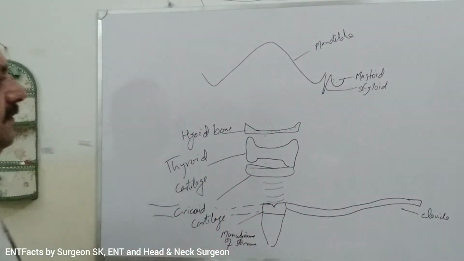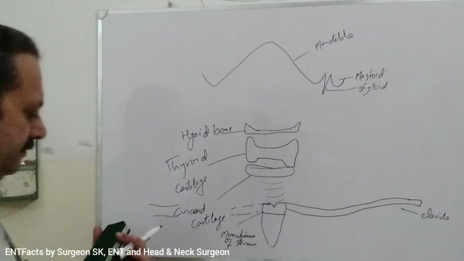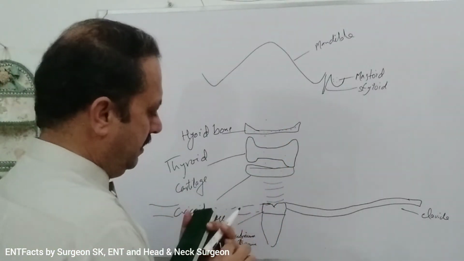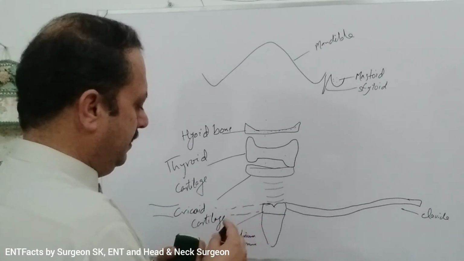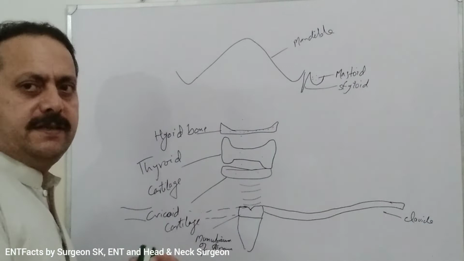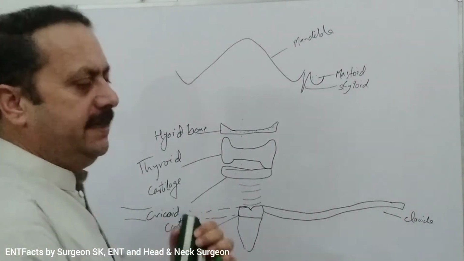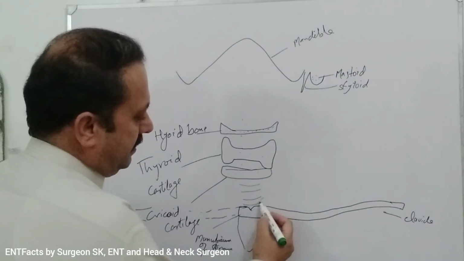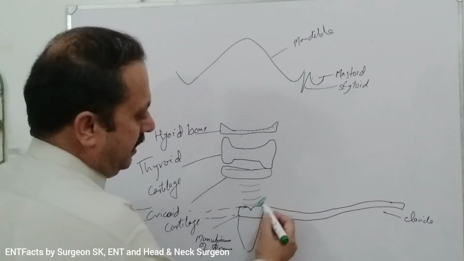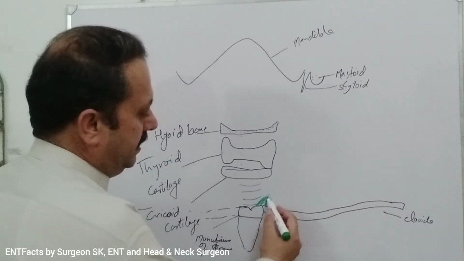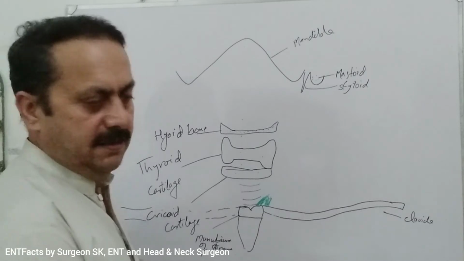Now this is the front of the neck. This front of the neck is divided by a muscle into two main triangles, the anterior triangle and the posterior triangle. The muscle has two heads of origin, one from the manubrium of the sternum, the other from the medial end of the clavicle.